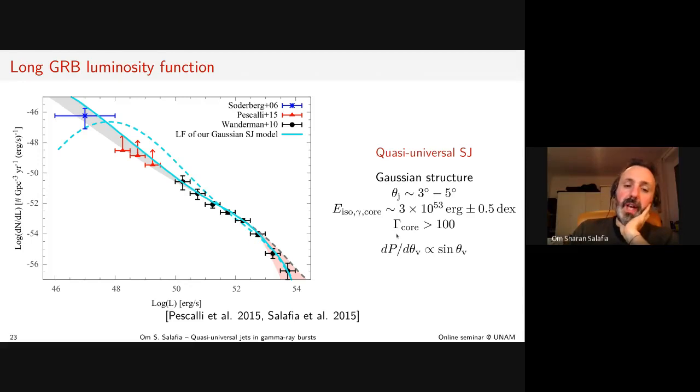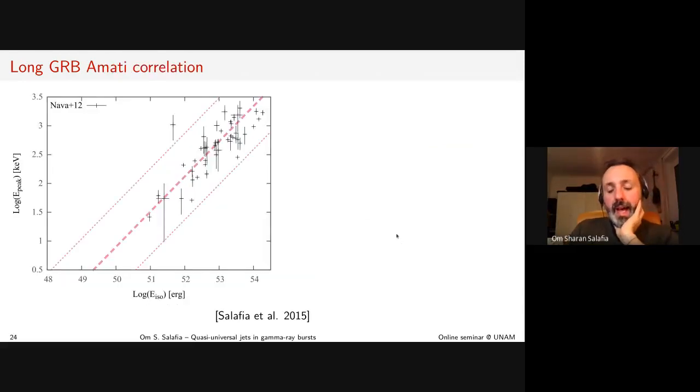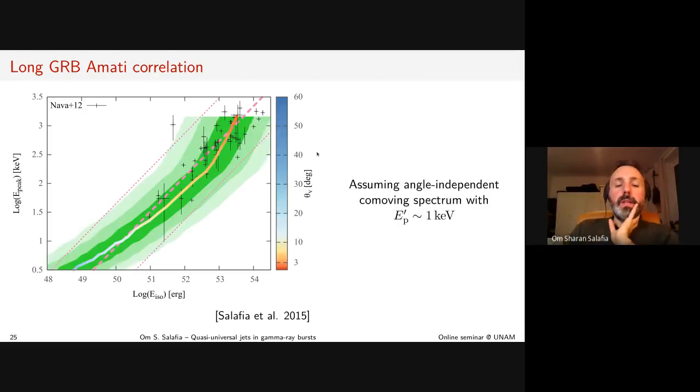and obviously assuming an isotropic population of jets. And we even had a nice side effect, which was if you assume that the comoving spectrum is the same at any point in the jet, and then you take into account the relativistic beaming and how the observer sees this emitted spectrum, then you have that the distribution of sources in the plane isotropic equivalent energy and peak photon energy of the spectrum follows a well-defined correlation, which does reproduce the observed Amati correlation.